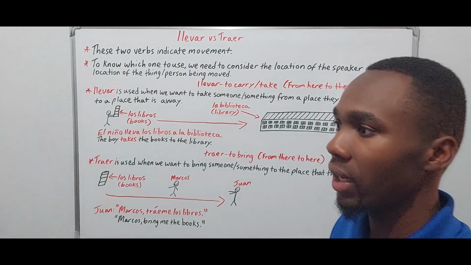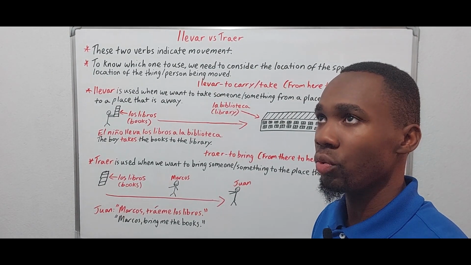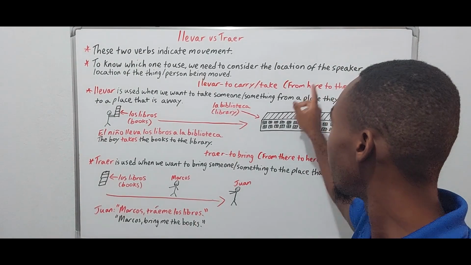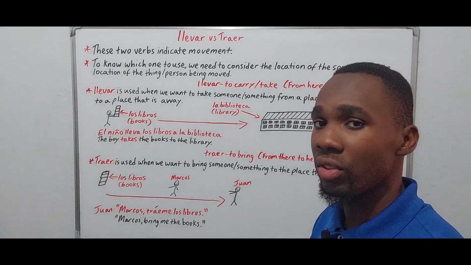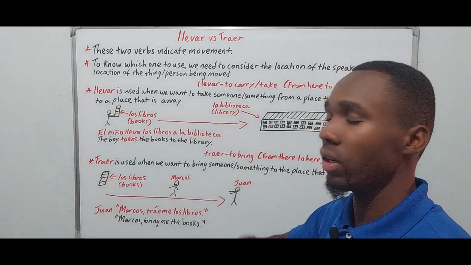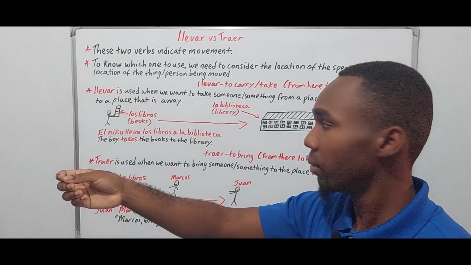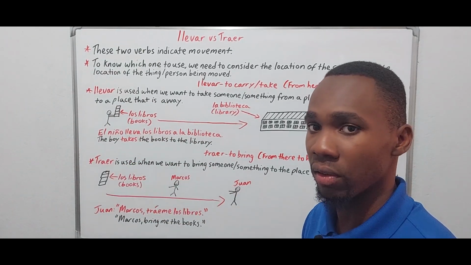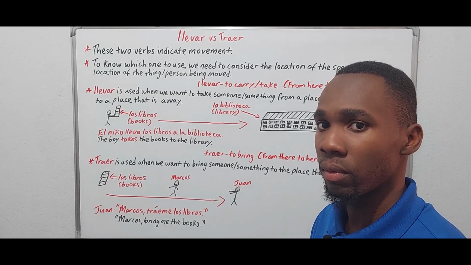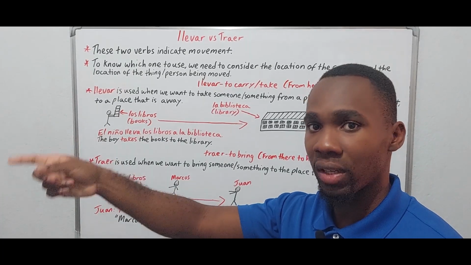This is another way of helping you to know if you are using llevar correctly. If you can say from here to there, then you're using llevar correctly. From here to there, the location is away from the location of the speaker or the person in the scenario. That person has to go to that location.